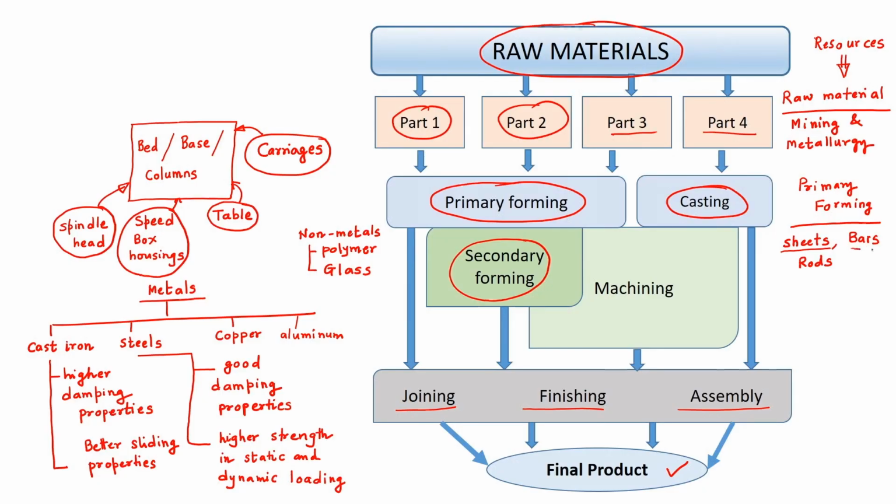If we are having bars, so we are using the bars directly for the welding operation. We want the bent bars for our construction purpose. Bending operation is the secondary forming operation. Some parts need to be manufactured of the required size and shape by using the casting operation, but the casting operation will not be providing us a good quality surface finish.